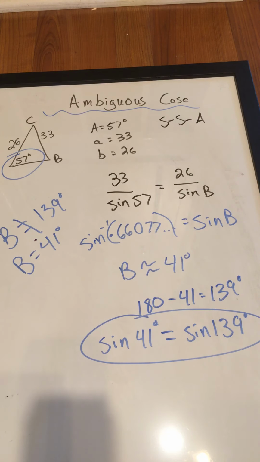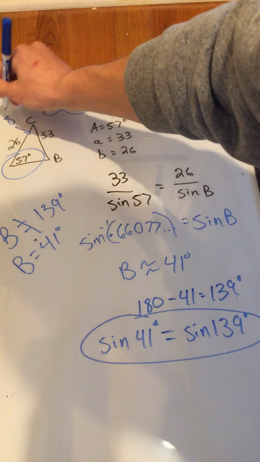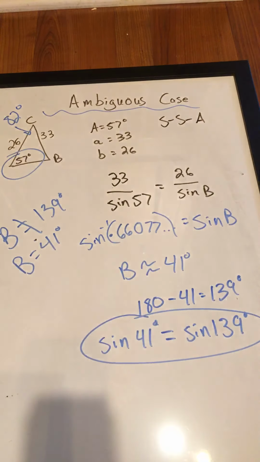Right now, I'm just focusing on what this angle has to be. To determine angle C, if angle B is 41 and angle A is 57, I would add those two together and subtract from 180, and I would come up with angle C is 82 degrees. Then we could solve for side c using the law of sines one more time.